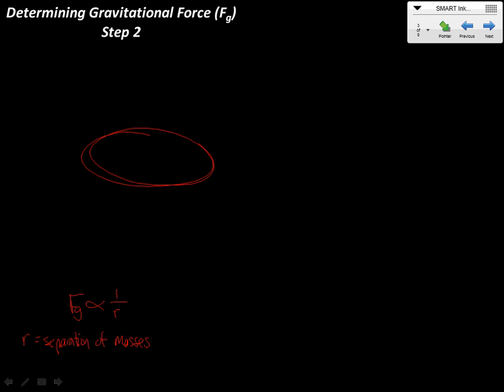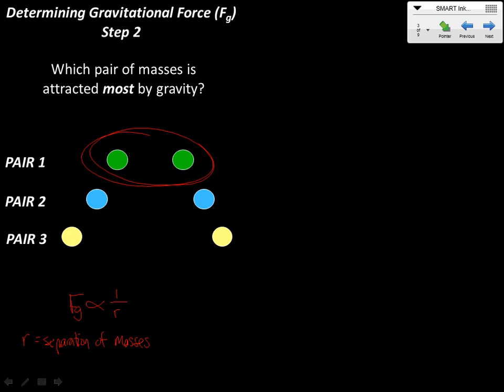R, by definition, is the separation of masses, center of mass. It's how far apart the centers are, not how far apart the edges are. So if we have an object here and an object here, they're not 0 meters apart. They're whatever this distance is apart. Fair enough? Okay.